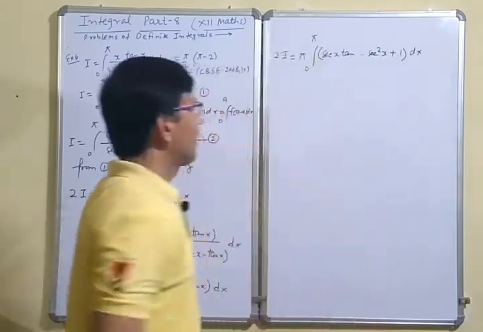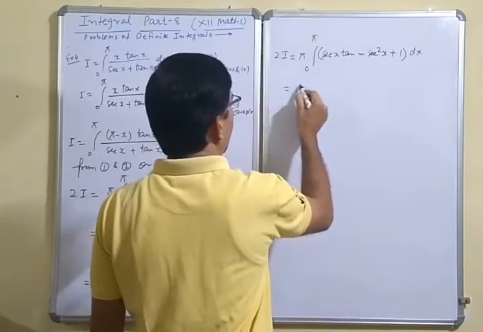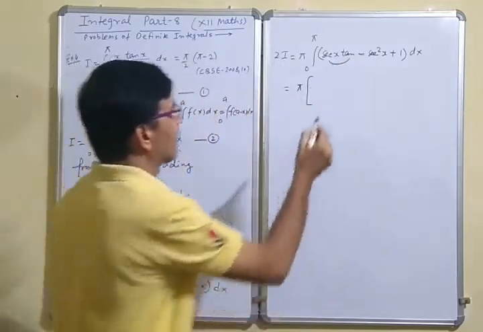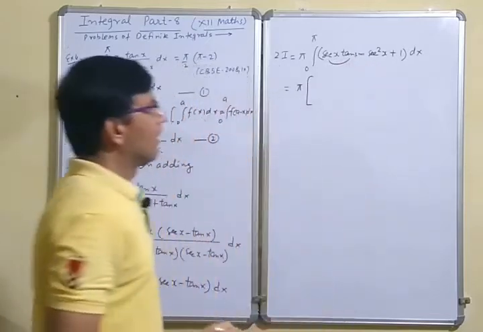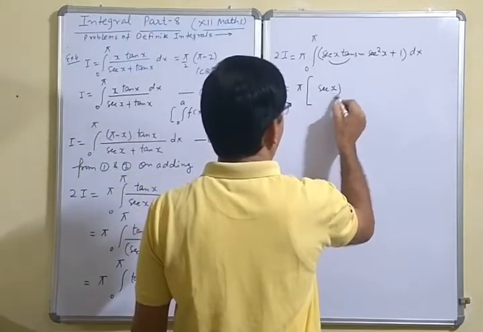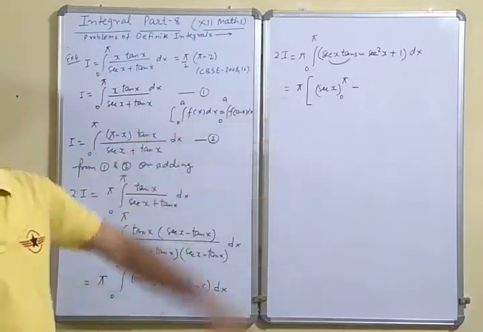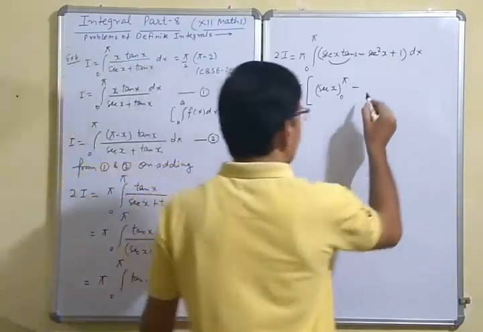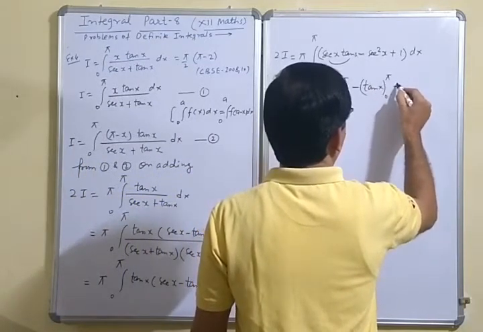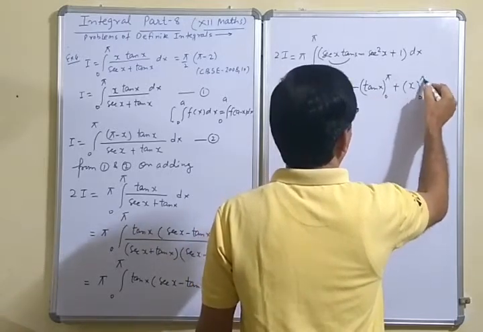Now integrate one by one. So this is pi times: the integration of sec x tan x dx is sec x, limit from 0 to pi, minus the integration of sec square x dx, that is tan x, limit from 0 to pi, plus 1, which is integration of dx, that is x, limit from 0 to pi.